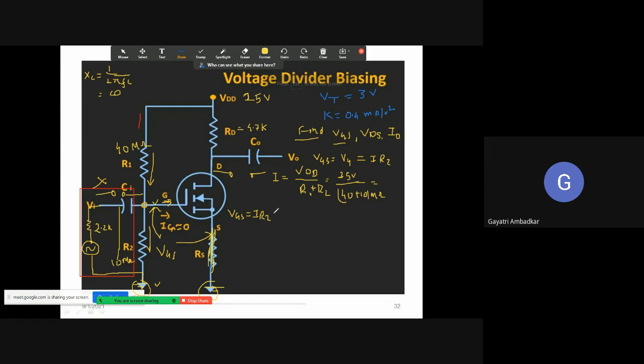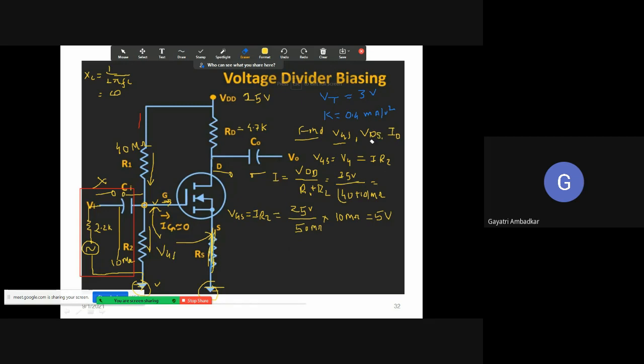I into R2 is equal to 25 volt upon 50 mega ohm multiplied by the value of R2, which is 10 mega ohm. So this mega ohm will get cancelled. This was your 0.5, 0.5 into 10, it will be 5 volt. Correct? So I got VGS equal to 5 volt. Understand? So the first part of the operating point I have done, I have found VGS.